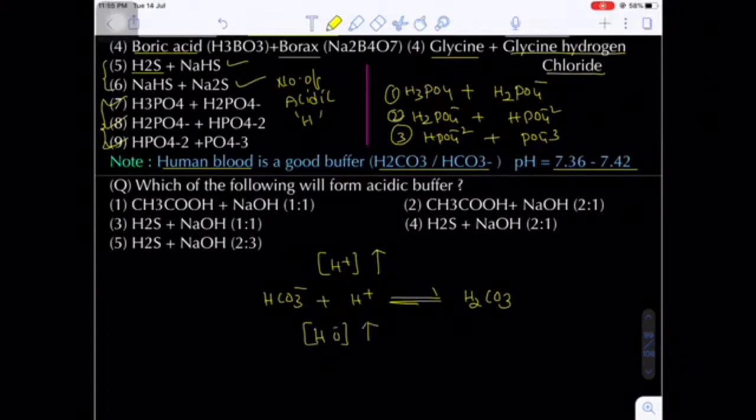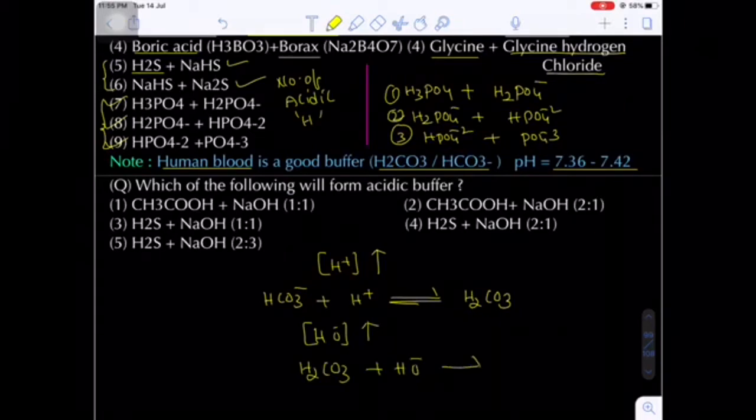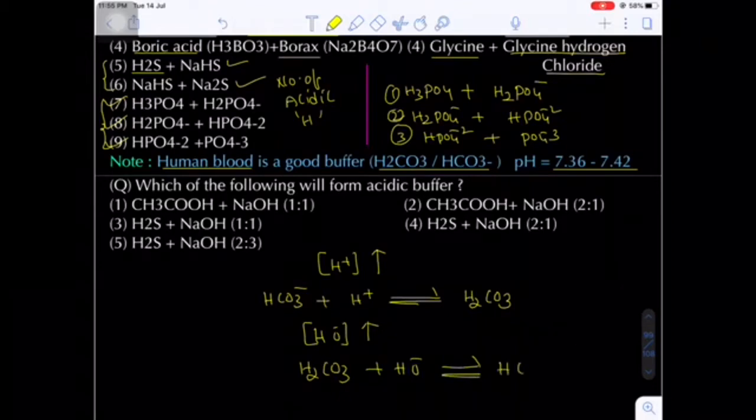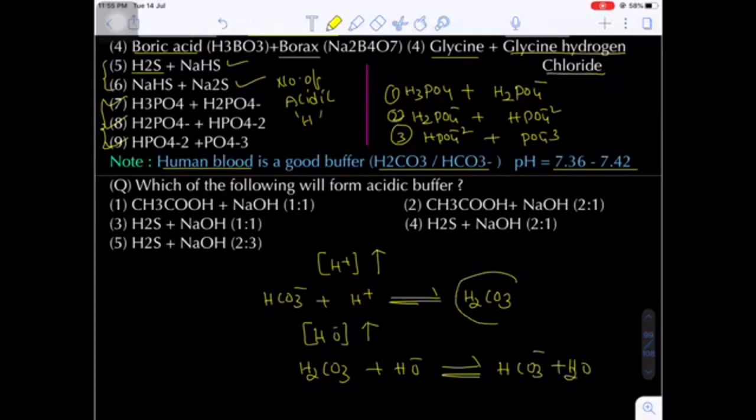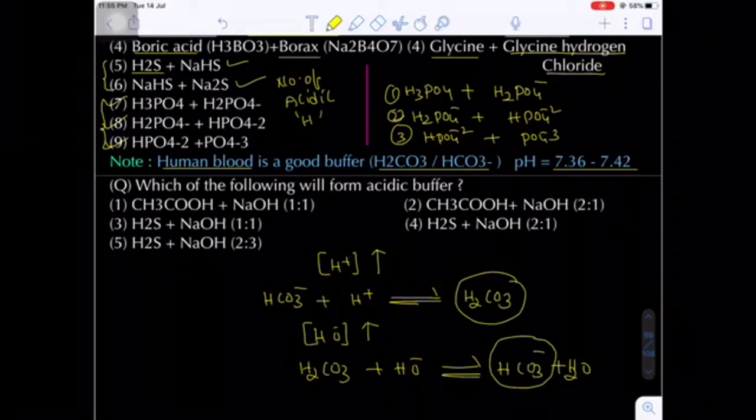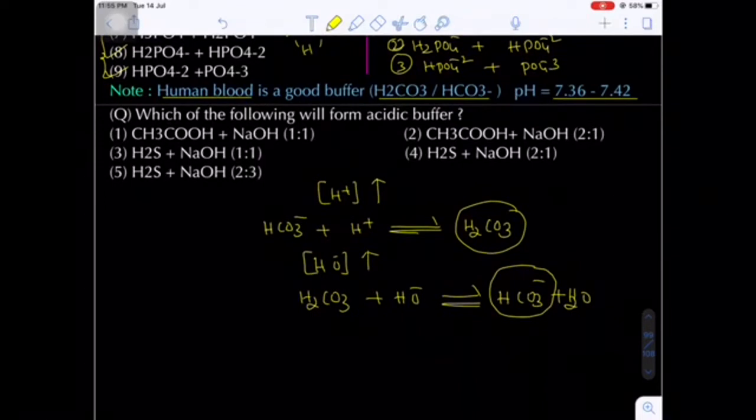Let's suppose the OH minus ion concentration in the blood increases. To counterbalance it, the carbonic acid reacts with the excess OH minus ions in the bloodstream to convert into bicarbonate. That means the carbonic acid and bicarbonate mixture functions as a good buffer in the bloodstream.